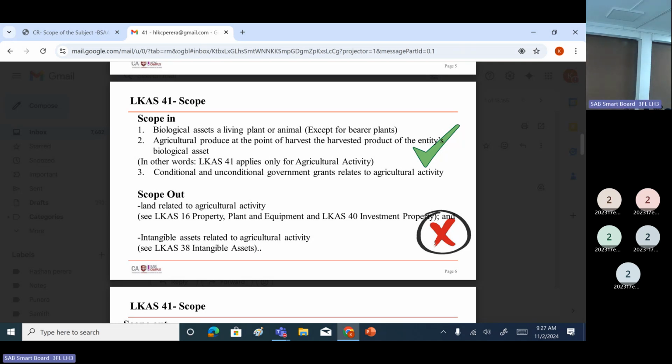Conditional and unconditional government grants related to agricultural activity. You may have different activities: harvesting, fertilizing, and breeding. In the agricultural sector, the tasks you are doing are considered agricultural activity.